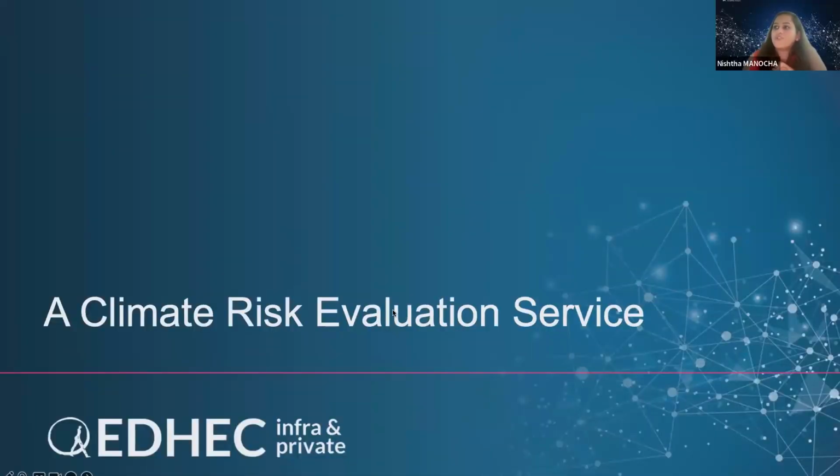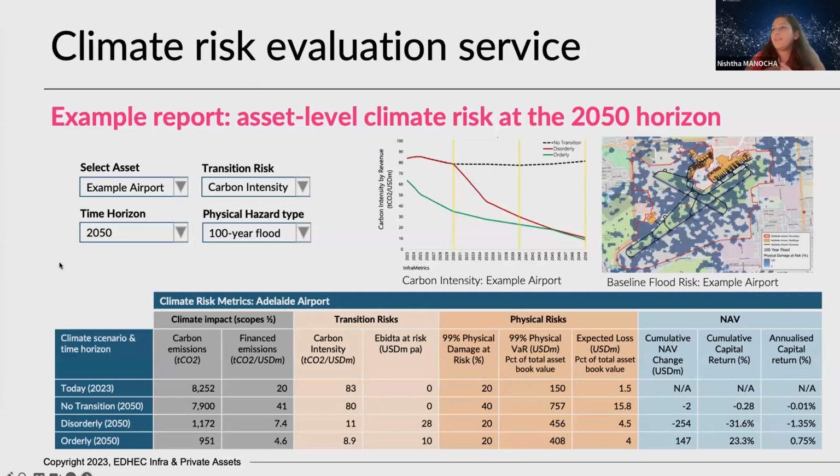Our transition risk and physical risk metrics that we showed you can be lumped together into an evaluation service. First, at the asset level, for any given asset that you have, we are now in a capacity to pick it up and tell you what its climate emissions are. What are your carbon emissions? What are your financed emissions?